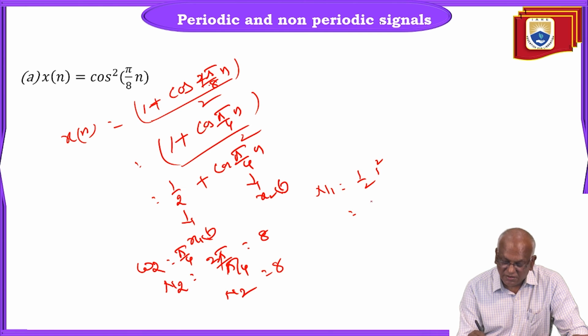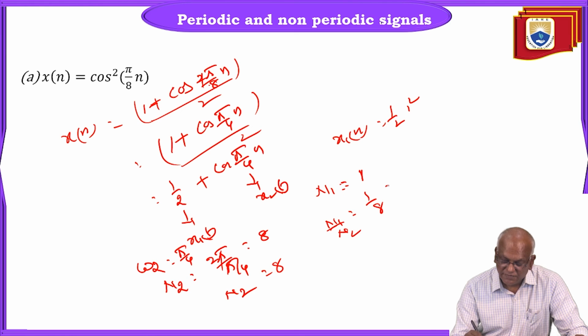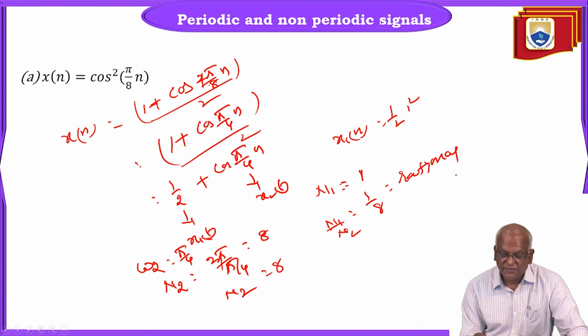This is equivalent to x1 n equal to half times 1 square. So N1 equal to 1. So N1 by N2 equal to 1 by 8. It is also a rational number. This is also a periodic signal. The given signal is periodic.